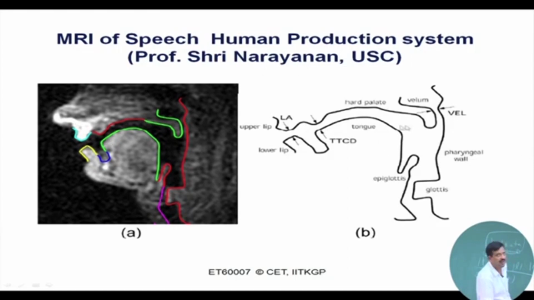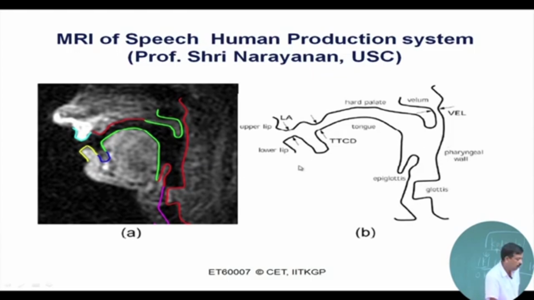Schematically, it looks like lip, then tongue, tip of the tongue open and the bottom fixed with the lower jaw, then the palate, then there is a velum, because we have a nasal cavity and an oral cavity. The velum may be closed or open, then there are the pharyngeal walls, then the glottis section.